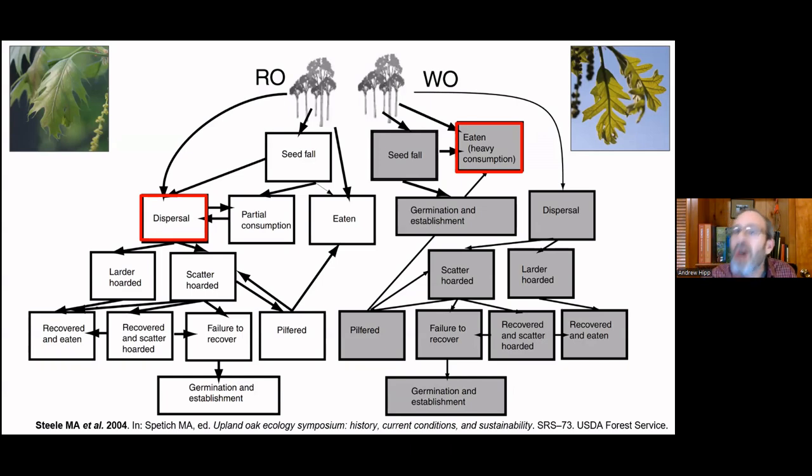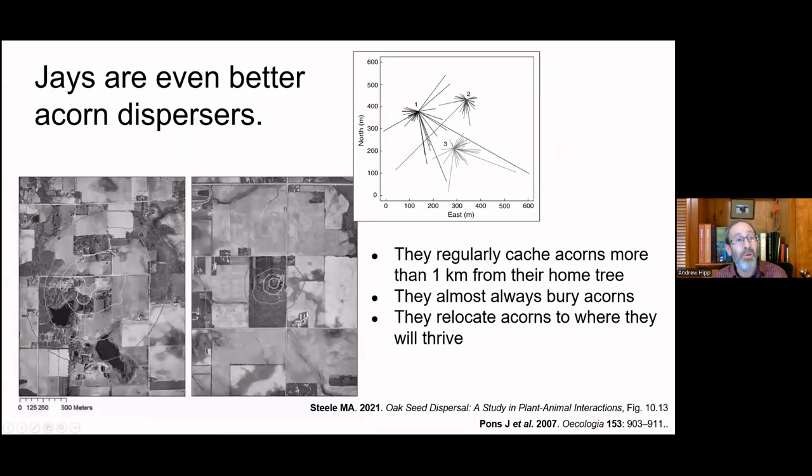So the squirrels know to eat the white oaks right away or nip the tips off of them so that they don't germinate in the cache. The red oaks, they tend to disperse and cache because the red oaks are less likely to germinate. And in the middle of winter, when the squirrels are hungry, they can go looking for their acorns, and they find many of them. Now, jays are even better acorn dispersers.